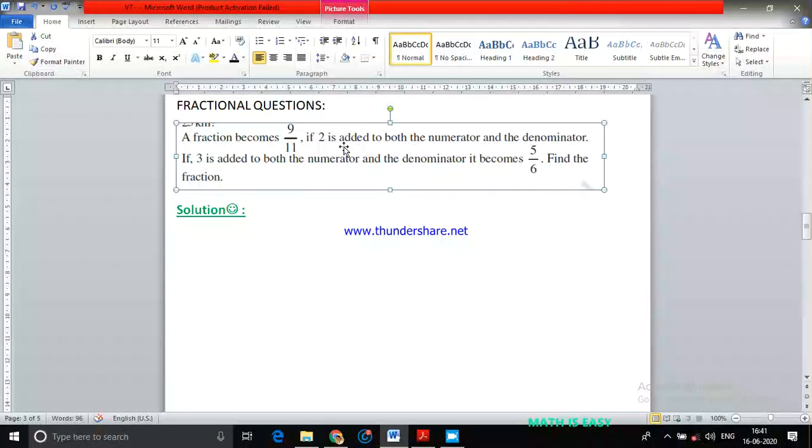By adding 2 to both numerator and denominator, the fraction becomes 9 by 11. But if you add 3 to numerator and denominator, it becomes 5 by 6. So what is that fraction?